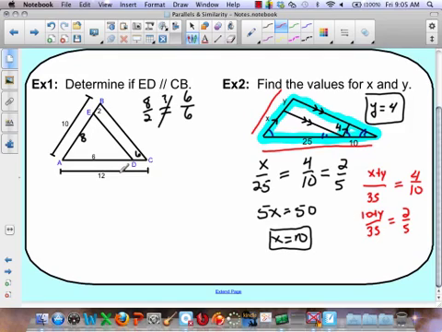So now what do I do? Should just be cross multiply like we've always done, guys, right? I know you're tuning me out, but you need to kind of stay with me here. So that's 50 plus 5y equals 70. 5y is 20, therefore y is 4.